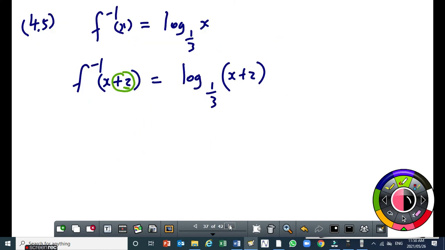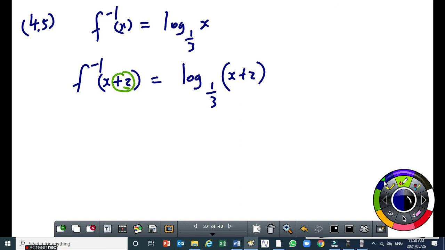Okay. So for this graph here, the new asymptote will be x equal to -2. Okay? It will be x equal to -2. But I'm just going to do a calculation. How do I know that it's x equal to -2?